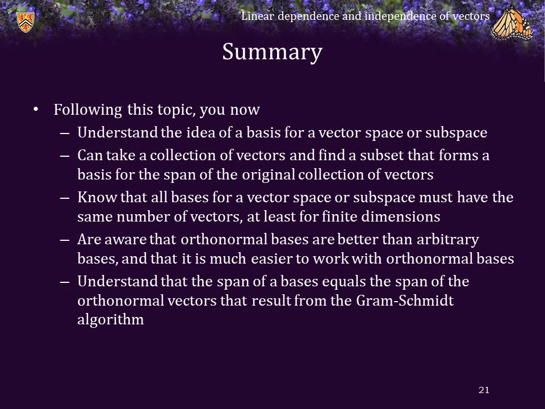You know that all bases for a vector space or subspace must have the same number of vectors, at least for finite dimensions. You are aware also that orthonormal bases are better than arbitrary bases, and that it is much easier to work with orthonormal bases, as you don't have to solve a system of linear equations. You also understand that the span of a basis equals the span of the orthonormal vectors that result from the application of the Gram-Schmidt algorithm.